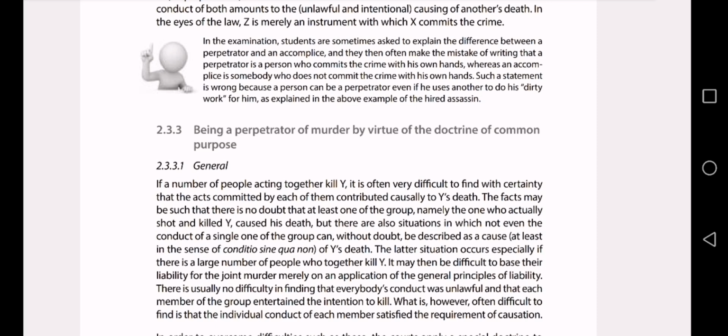Such a statement is wrong because a person can be a perpetrator even if he uses another to do his dirty work for him, as explained in the above example of the hired assassin.